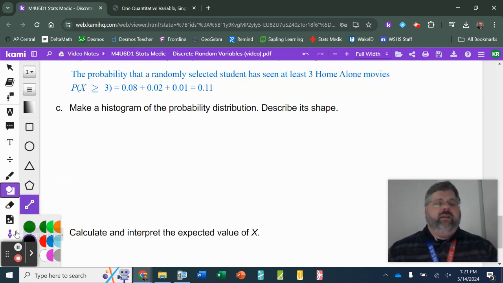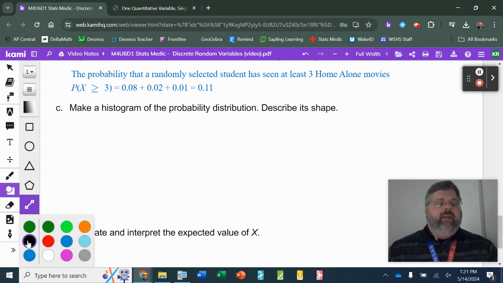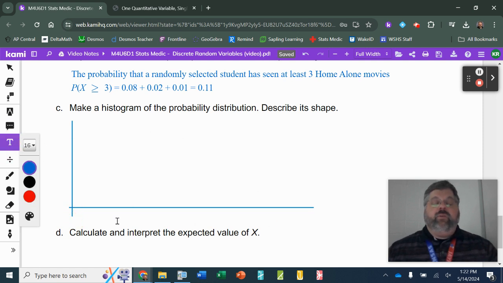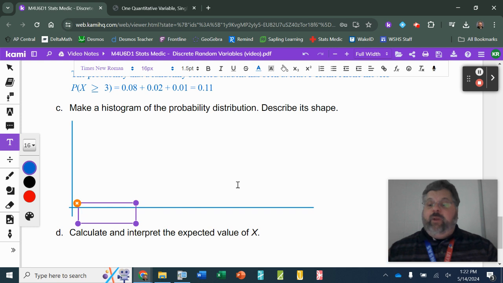So let's see here. I'm going to see, can I move this out of the way? There we go. We'll move that over here as well. I'm going to make sure I'm doing it in blue because the whole thing's been in blue. I need one horizontal axis and one vertical axis. My horizontal axis is going to have a scale starting at 0 because that's our first possible value.